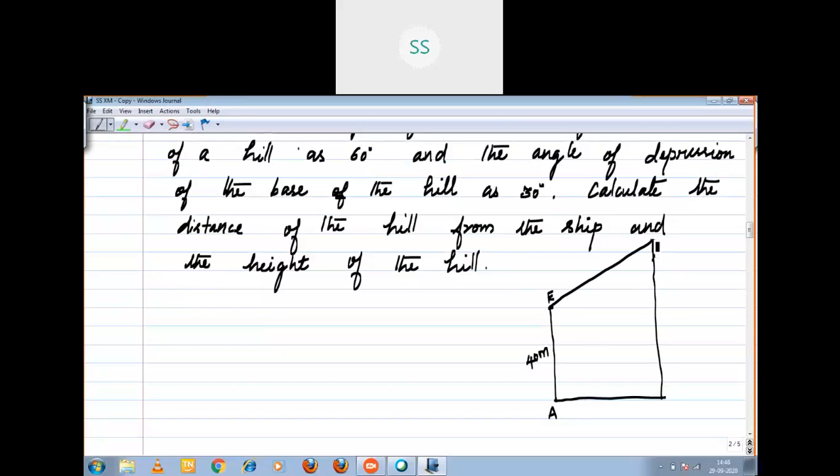Now, you are seeing the top of the hill. Here C, this as B. Top of the hill, how much angle they mentioned? 60 degree.